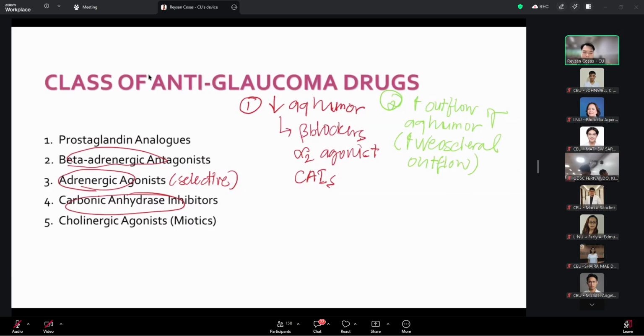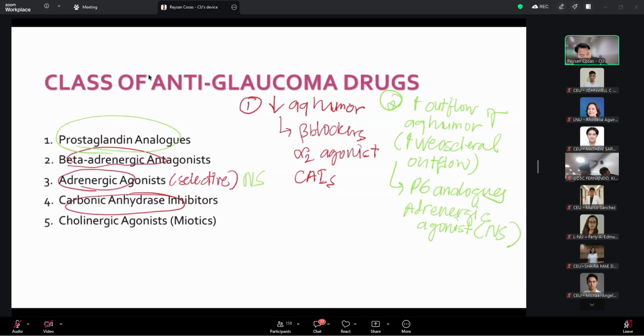Okay, so who are these drugs? The first one would be the prostaglandin analogs. The prostaglandin analogs are known to increase the uveoscleral outflow, together with the adrenergic agonists, but only the non-selective ones.